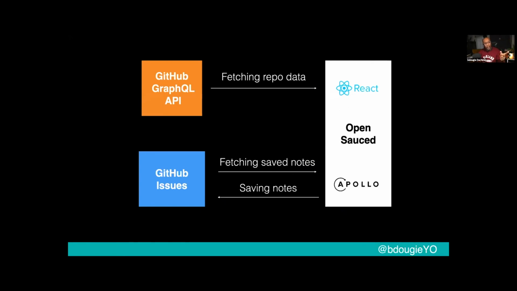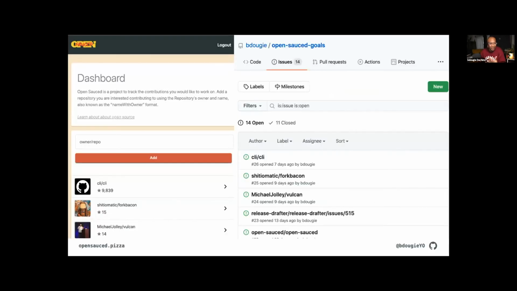But the GitHub GraphQL API, I'm using that to fetch repo data. So technically, similar to the BW Live site, the entire backend is GitHub.com. My backend for the project has no database. It's a GitHub repo. So I just found that as a really nice, elegant way to not only test and work with the GitHub API, but also I don't have to pay for a database, which was great.